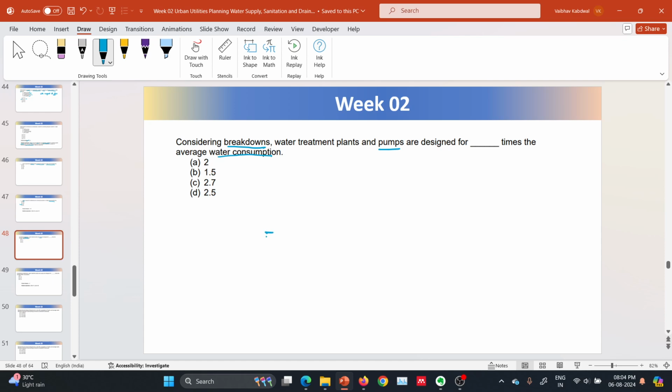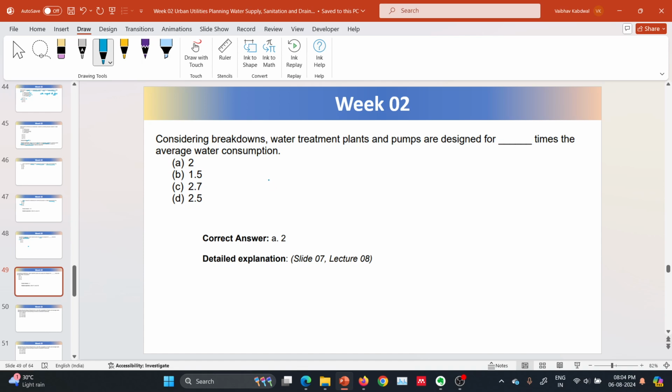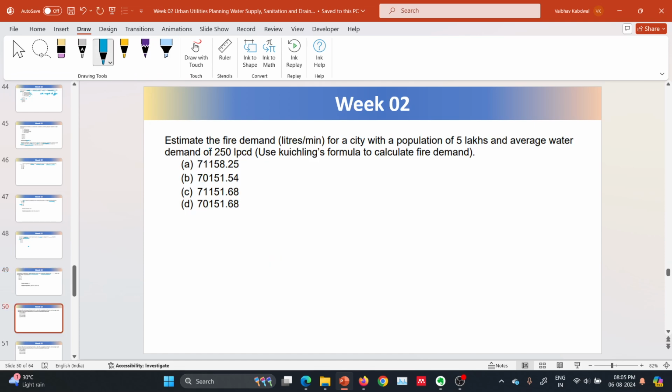We studied that maximum daily was 1.8. So pumps are designed for twice the average water consumption. So it's two, like the same question.